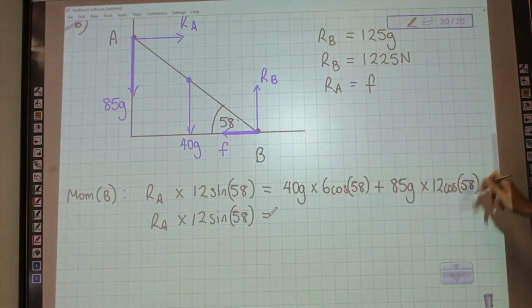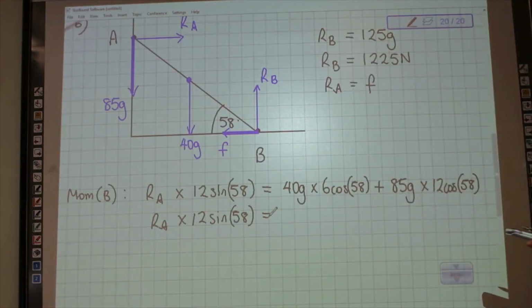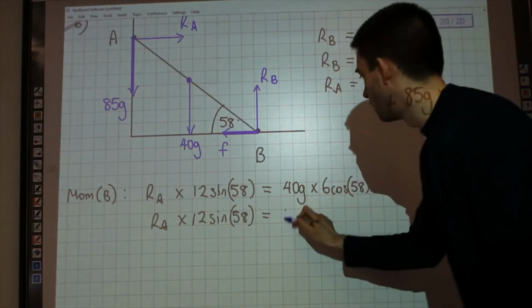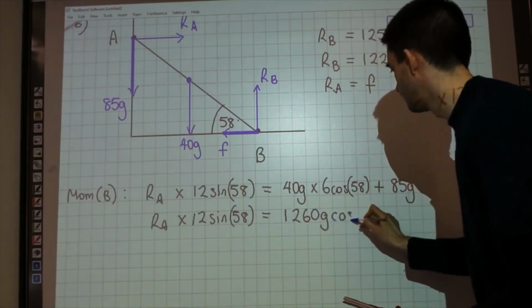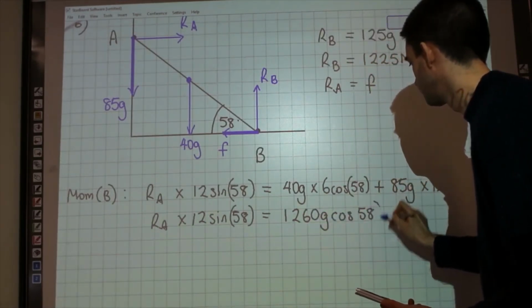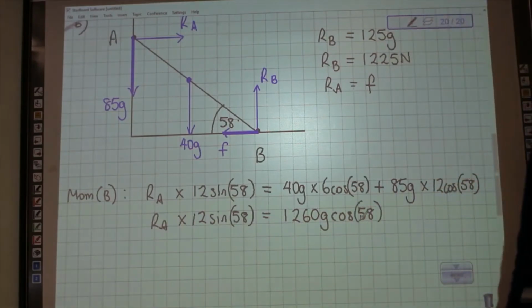And collect all those terms together as I did before. 40 times 6 is 240, plus 85 times 12 means I've got 1,260 G cos 58.